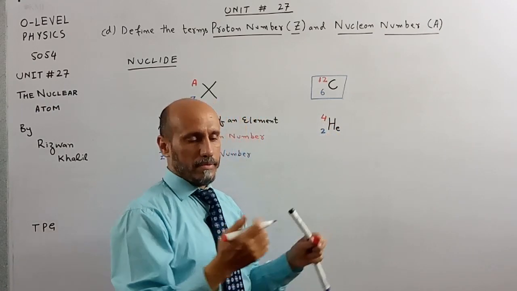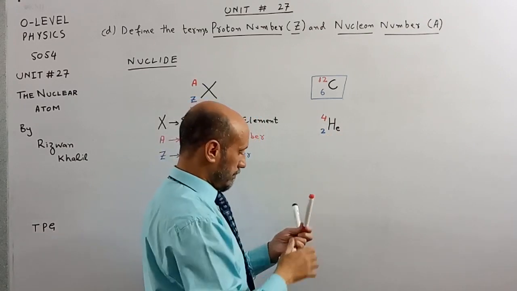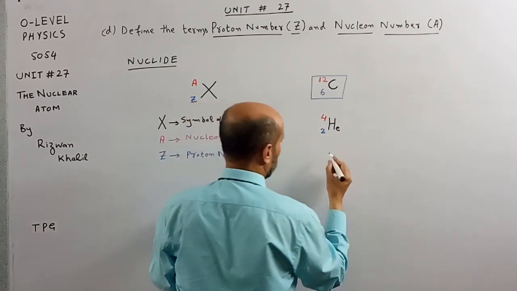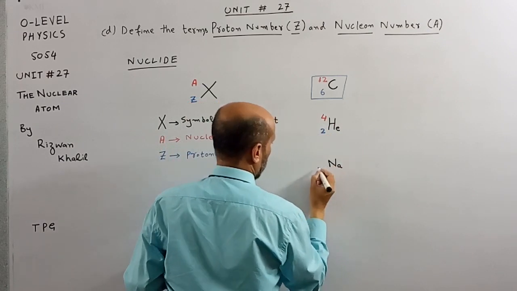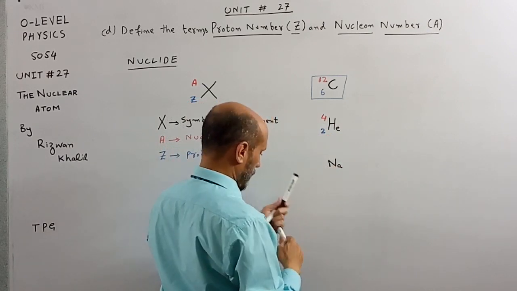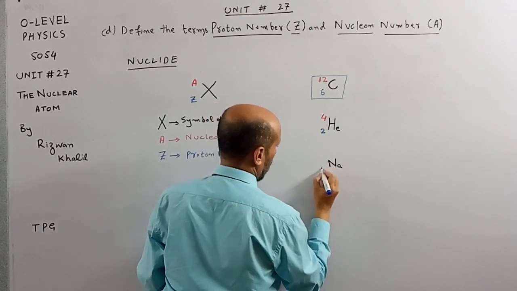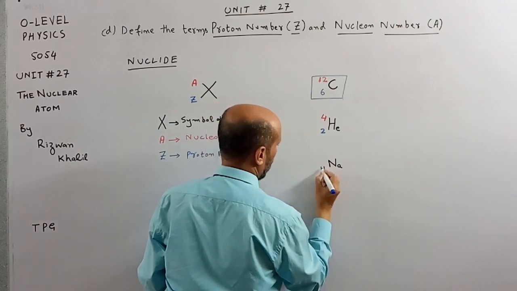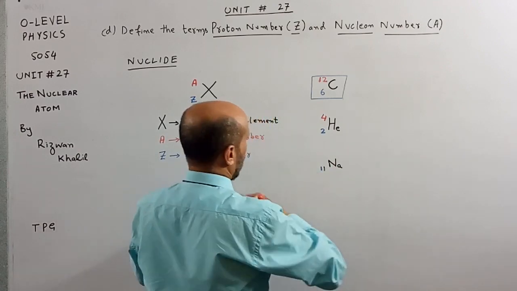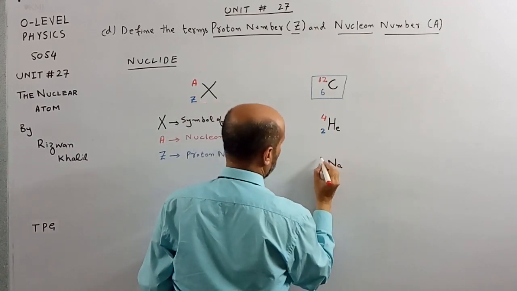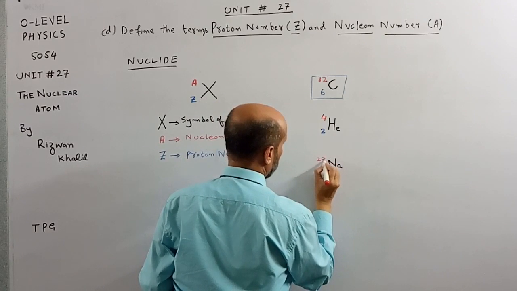Another example is sodium. For this, the value of Z is 11, while the value of A is 23.